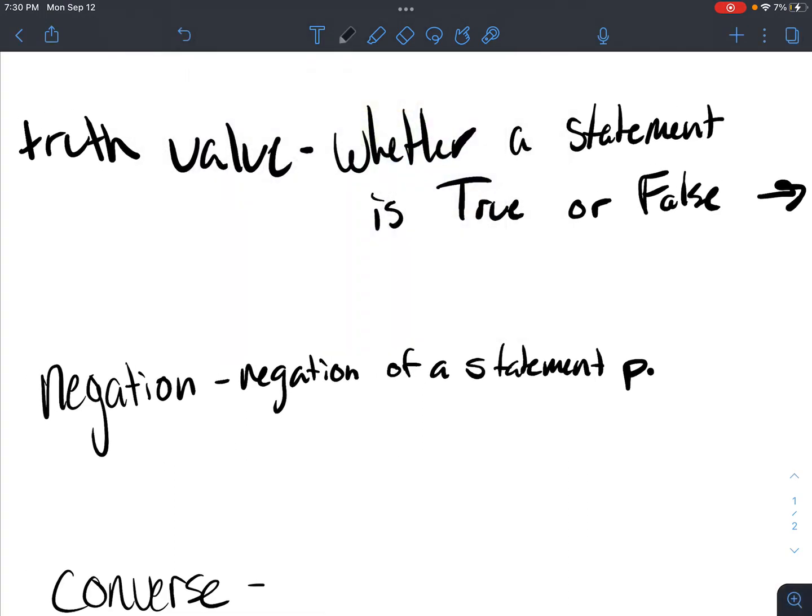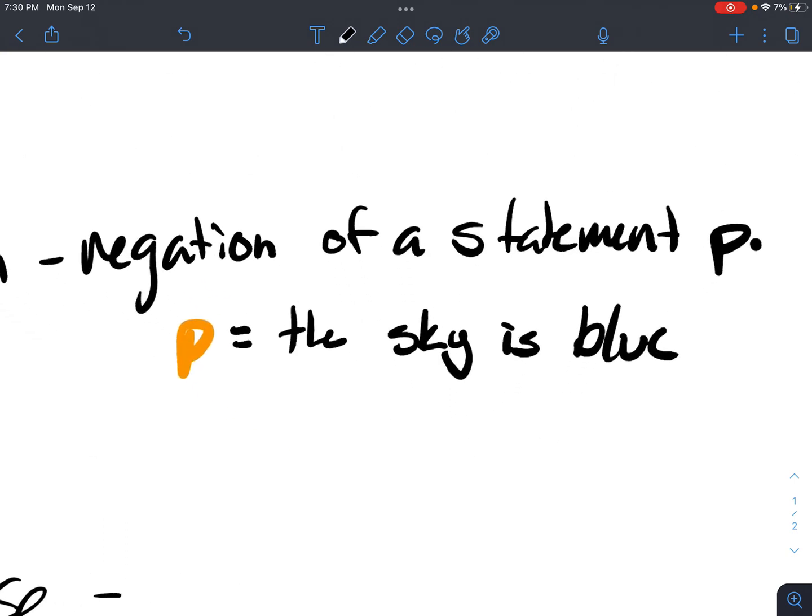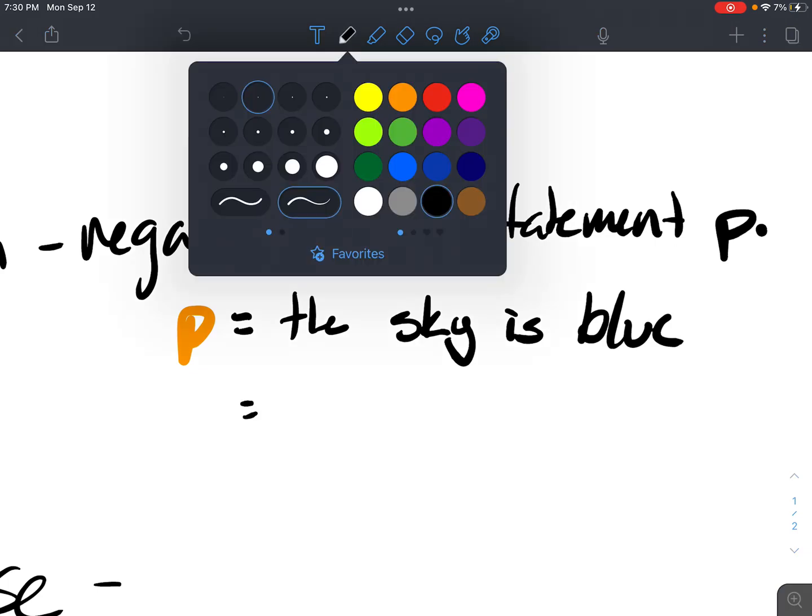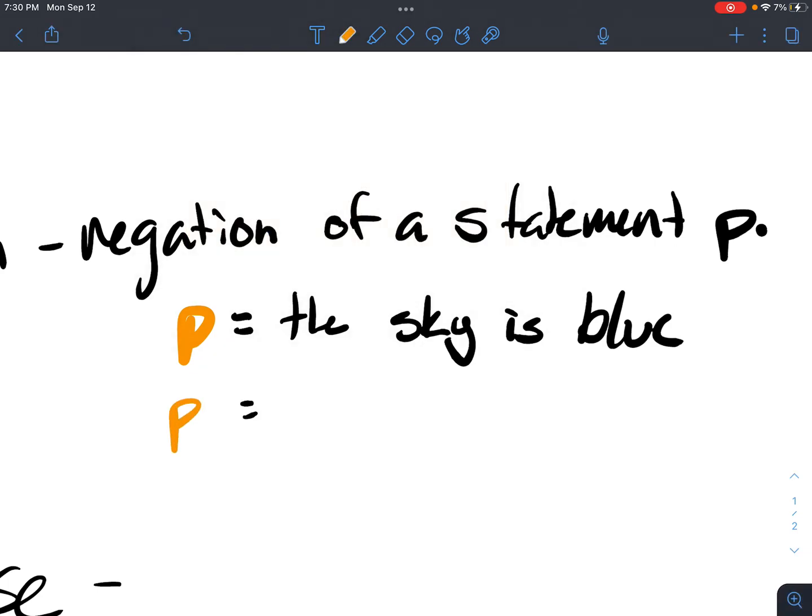So if I say P is equal to the sky is blue, the negation of P, which is denoted with this symbol, is going to be the negation of that. So the sky is not blue.